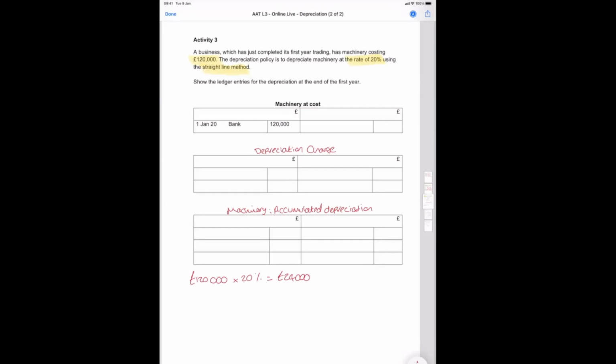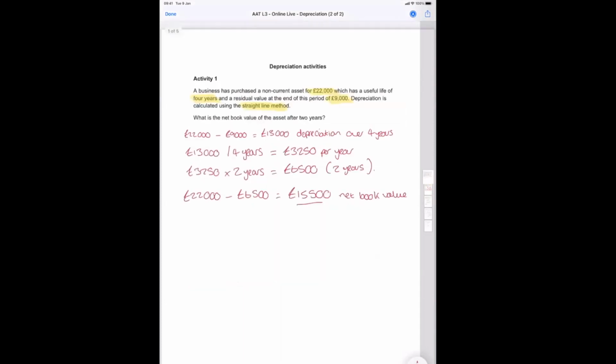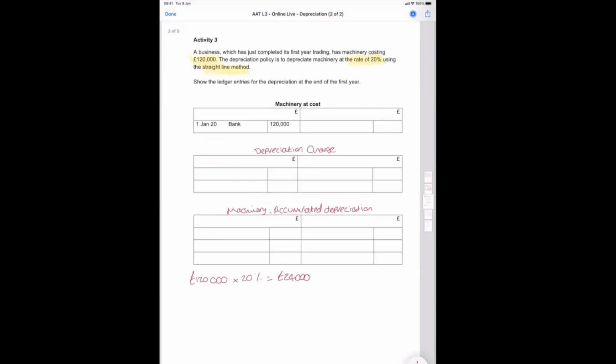If there is, you just need to remember to look at the difference, just like we did in activity 1, to calculate that total amount of depreciation. If not, you can just apply the percentage rate to the at cost amount.